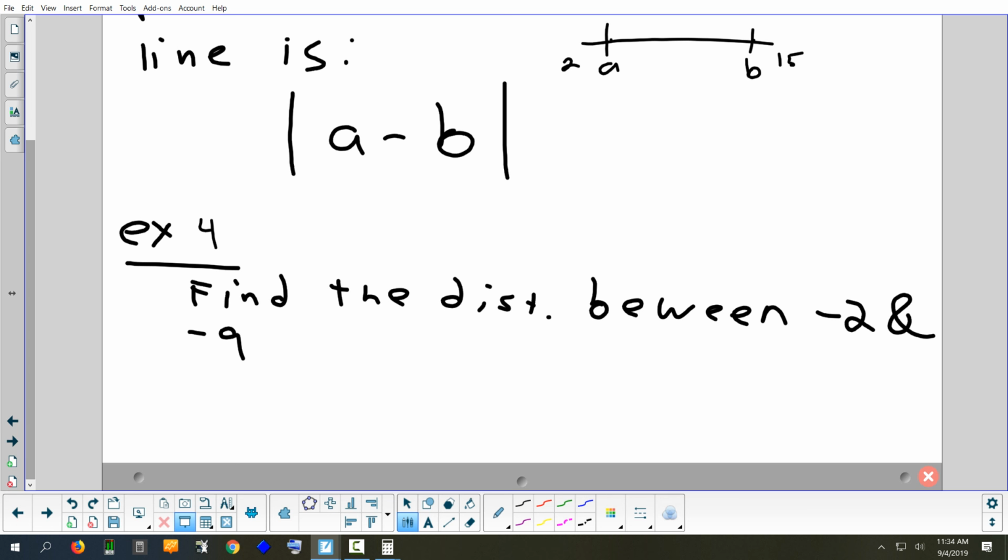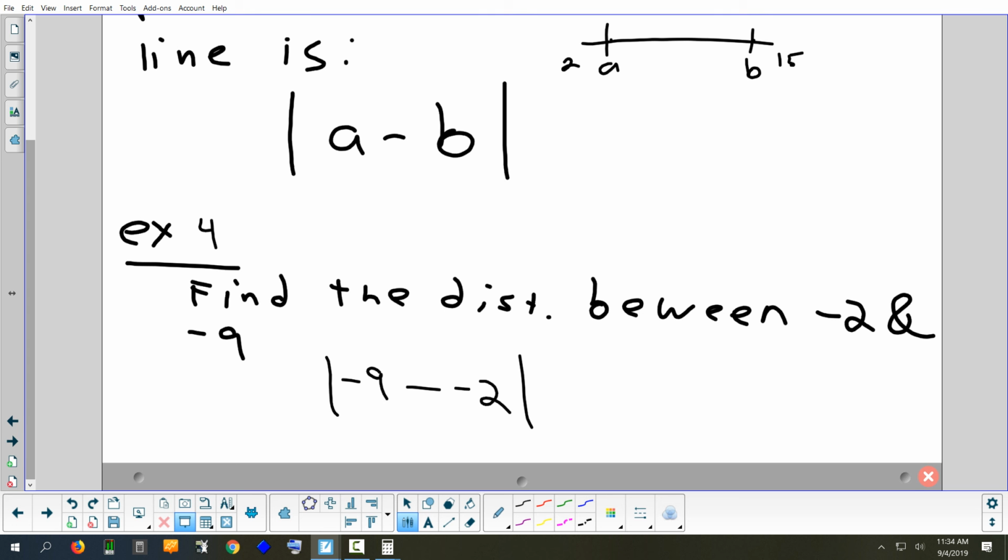Right, so let's set this up. Find the distance between -2 and -9. What I just wrote there, that's from the formula. Jacob, what would be the first thing I would subtract? -9. Okay. And the second thing? -2. It's important he said -2. So now we got -9 minus -2.